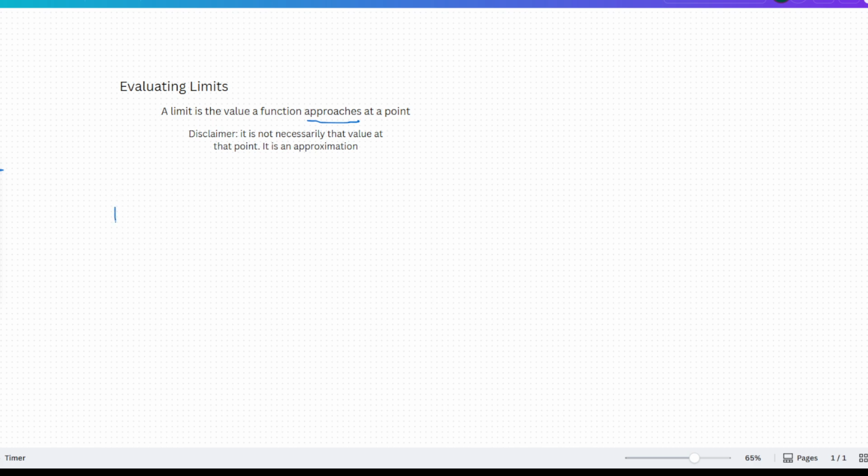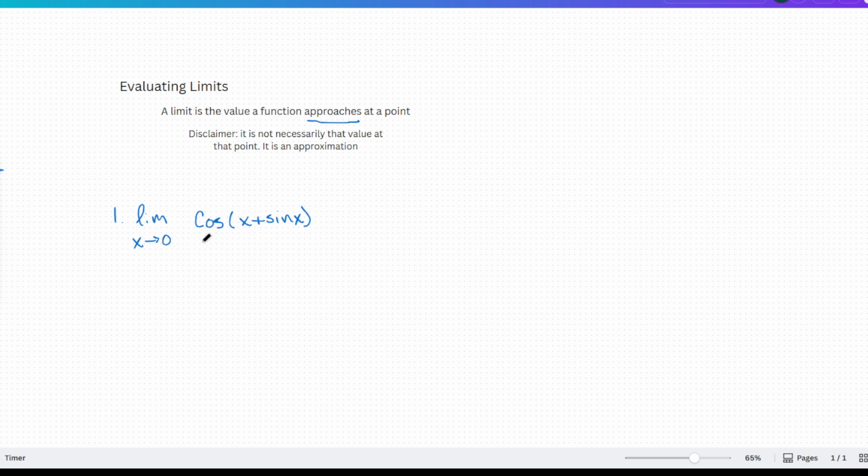So let's look at a few examples so we can see what's going on. If we have the limit as x approaches 0 of cosine of x plus sine x, we can see where it's going. The first thing we can always try is to put in this value and see what we get.